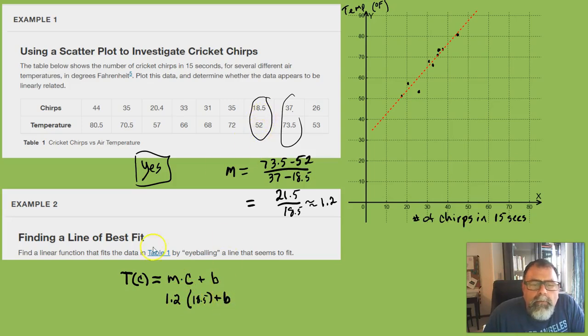And then the 52 for the output. So 1.2 times 18.5 equals 22.2. And then you're going to subtract that from both sides.